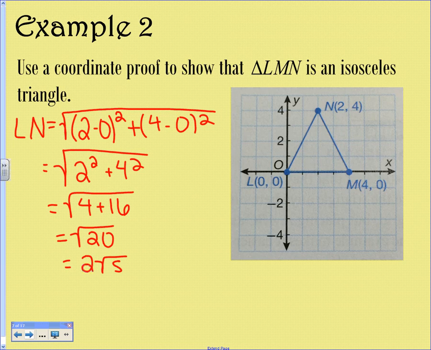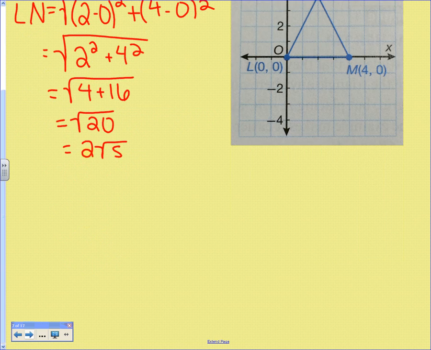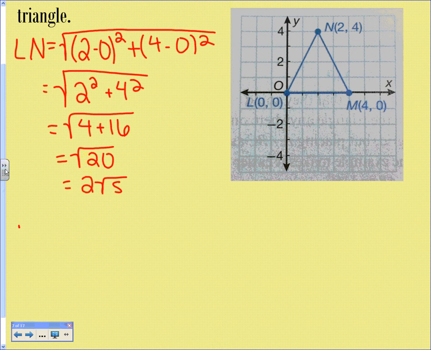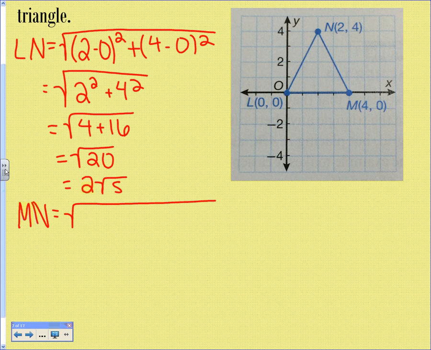Okay, let's do MN then. So MN, two minus 4 squared. So what is 2 minus 4?